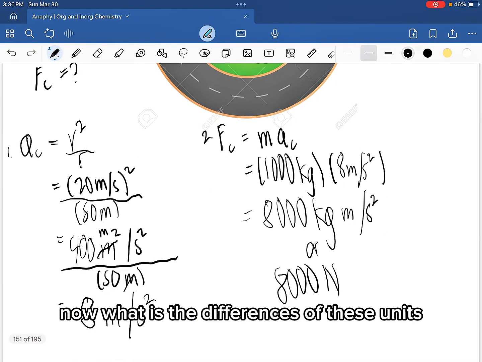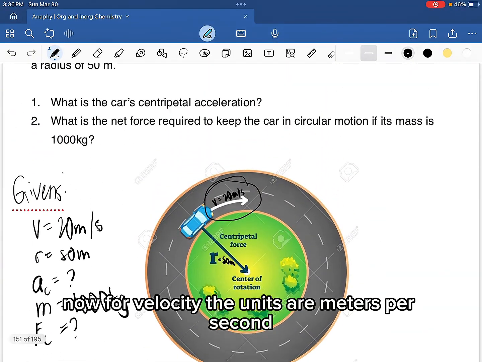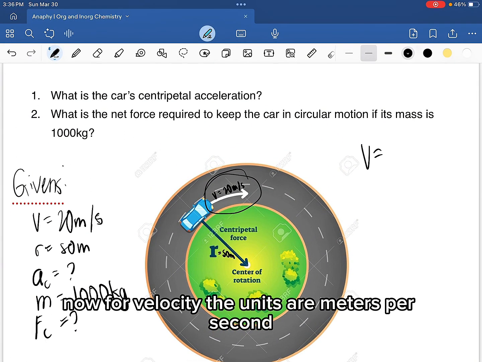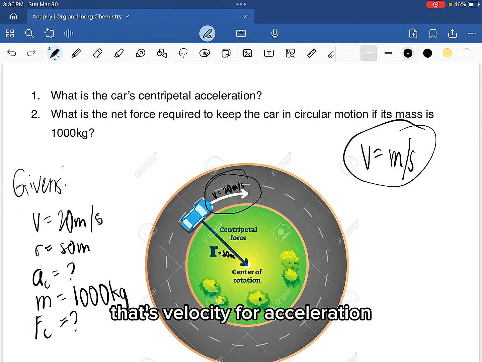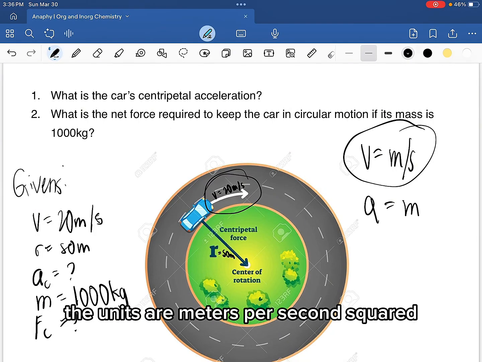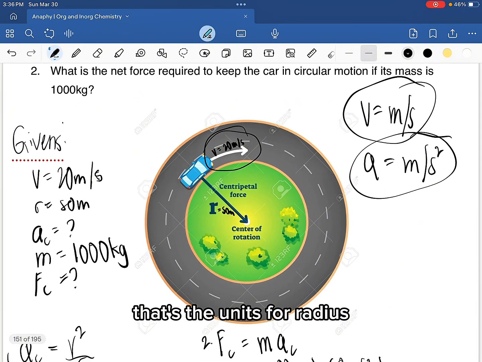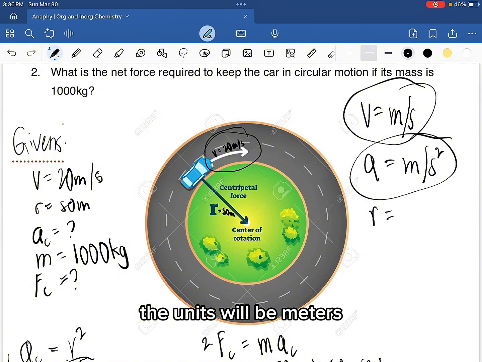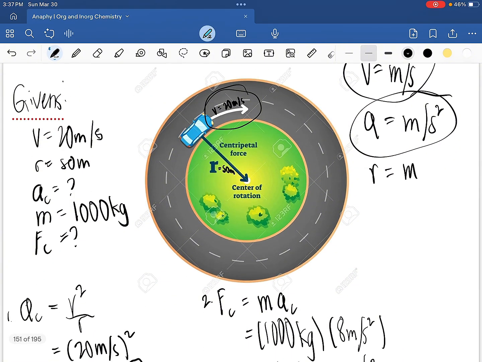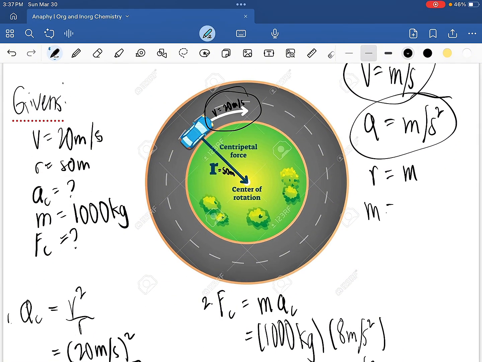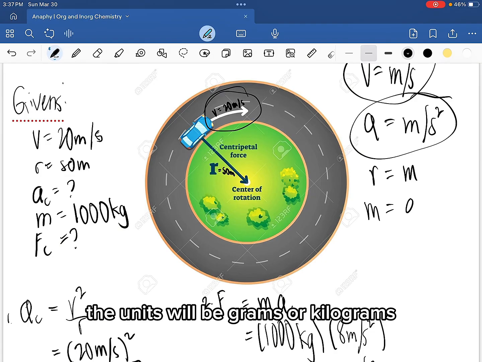Now, what are the differences of these units? For velocity, the units are meters per second. For acceleration, the units are meters per second squared. For radius, the units are meters. And for mass, the units are grams or kilograms.